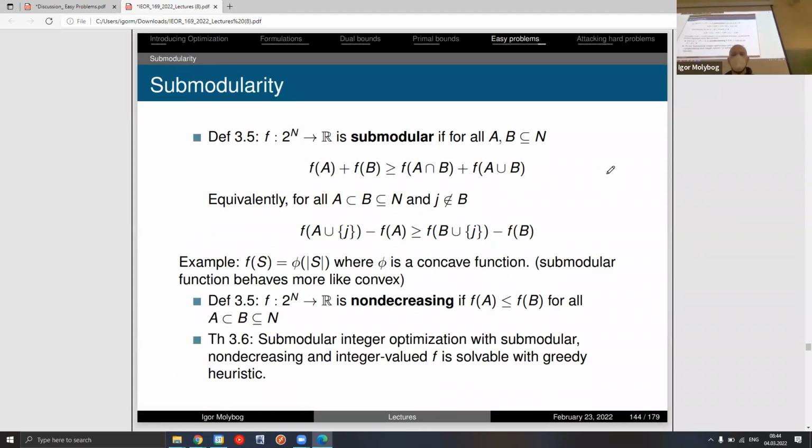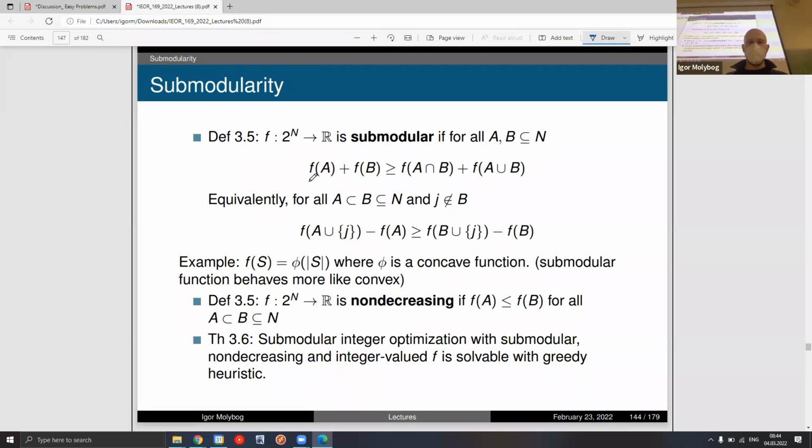So a set function from subsets into the real numbers has the following property: for any two subsets A and B of the set of n numbers, f of A plus f of B is greater than or equal to f of A intersection B plus f of A union B.